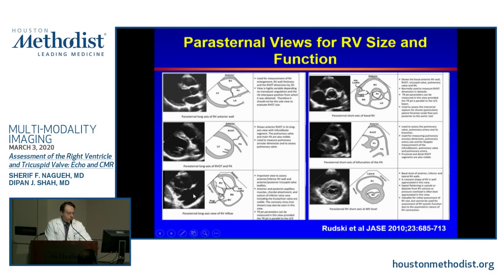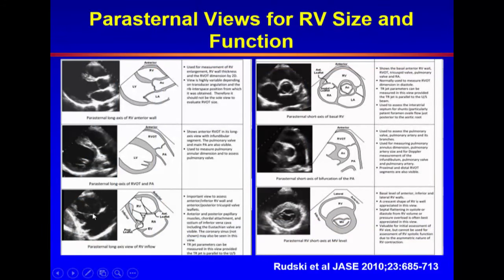In the RV inflow view, still the parasternal long axis view, you get to see the RA, the anterior wall of the right ventricle, the inferior wall of the right ventricle, the anterior and posterior tricuspid papillary muscles, and then the anterior and posterior leaflets of the tricuspid valve. You will see the TR if present.